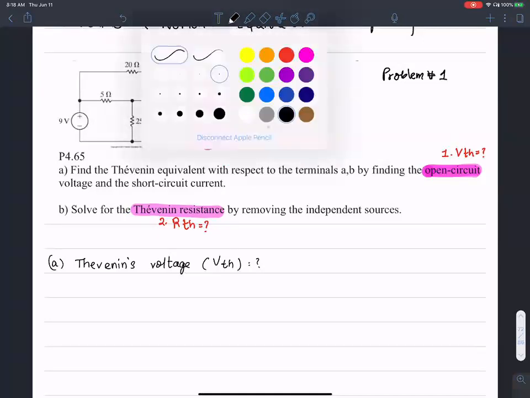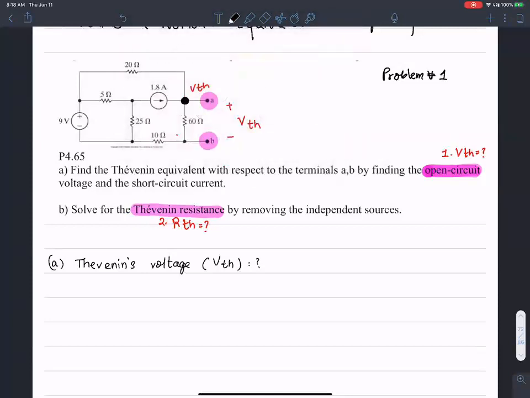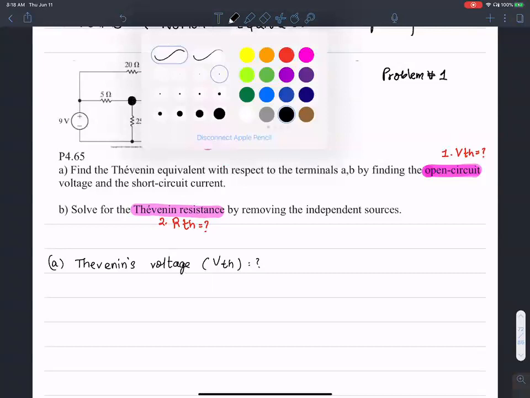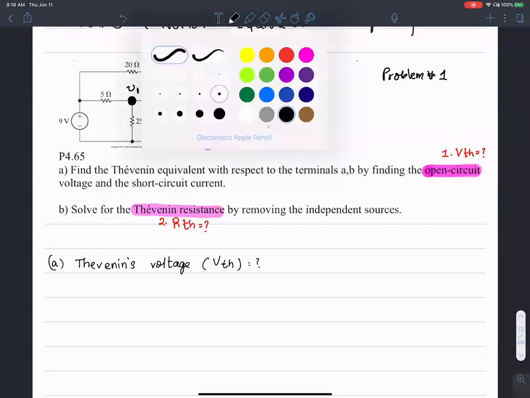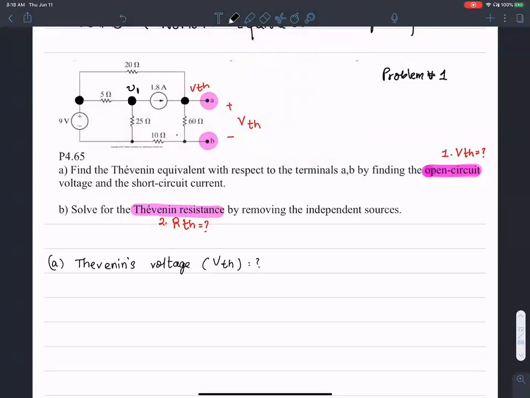Another thing I'm going to do is to call this node V1, as it is my practice to name all the nodes. I can name another node as well, I can call it V2.